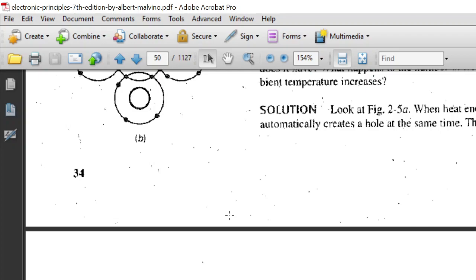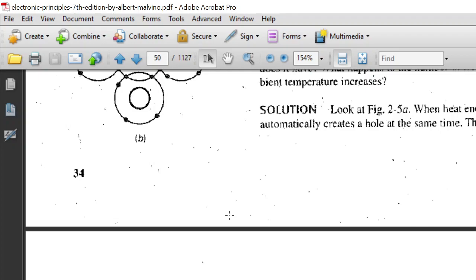Some electrons from the valence shell can get dislodged, forming free electrons, and one free electron gives rise to a hole in the valence shell. At any instant of time within the pure silicon crystal, there would be some number of free electrons and holes existing, some getting created, and some getting recombined with each other.